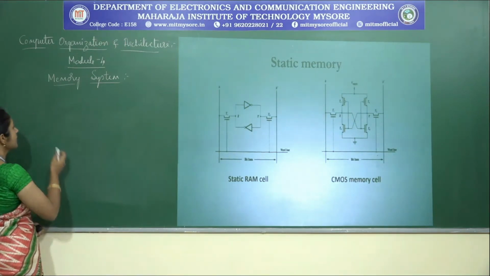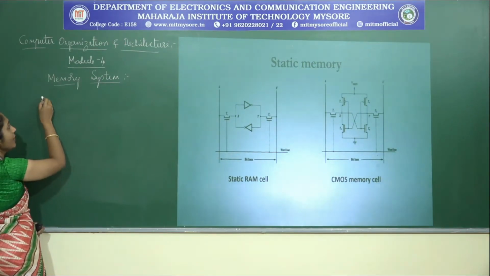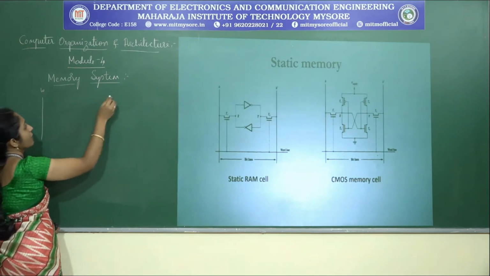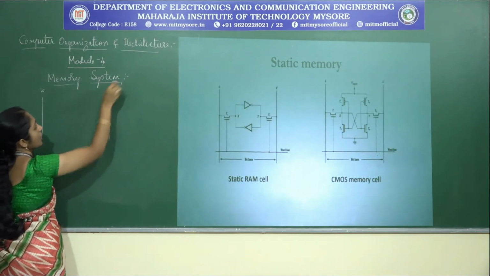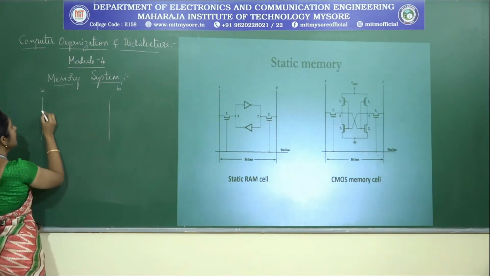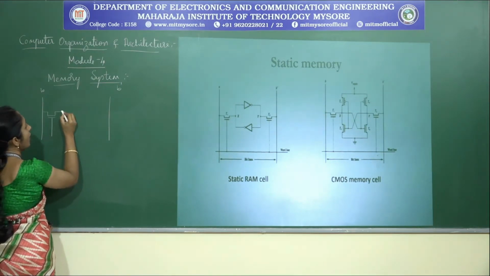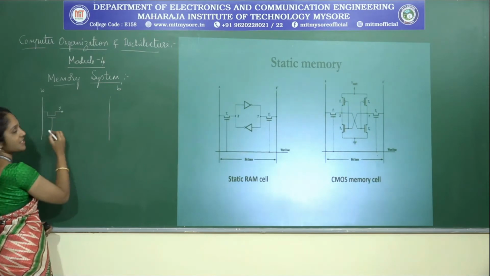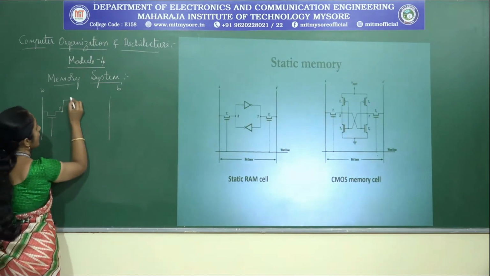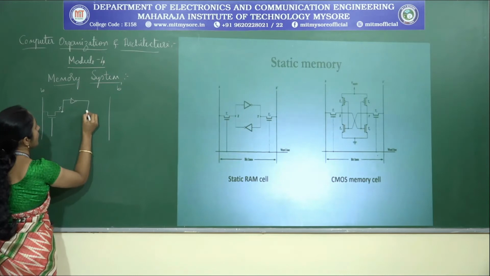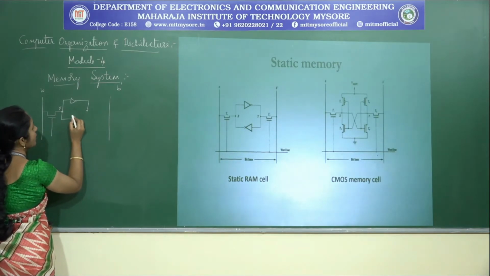In the static RAM cell we have B and B dash, which are complements of each other. Then we have two transistors, and the node represented as X, with an inverter here and another inverter.